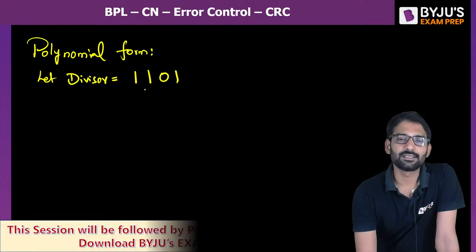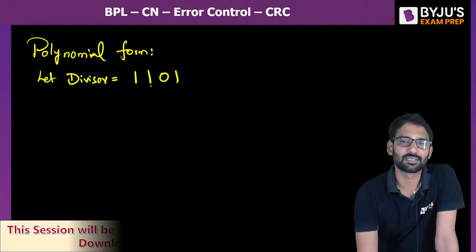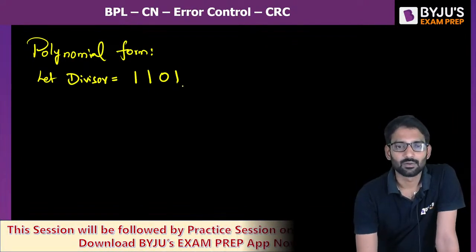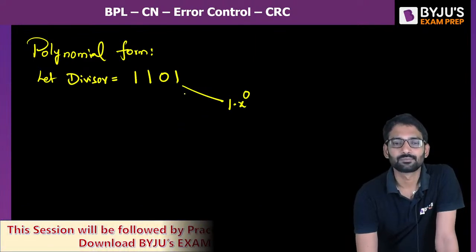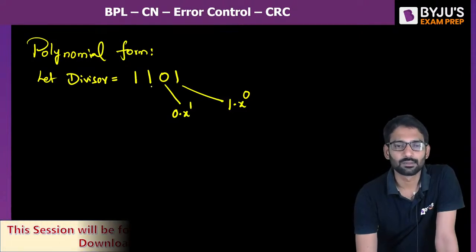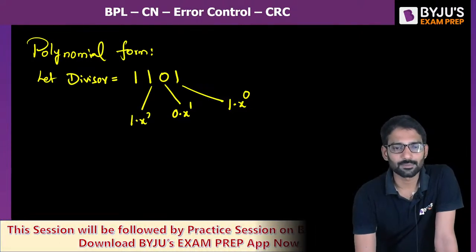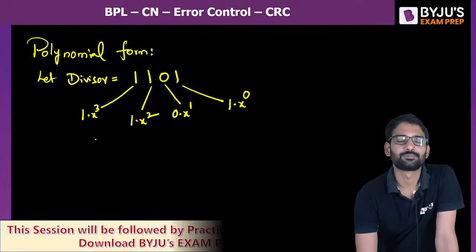But it is never represented as 1101. How is it represented? See, 1 into x power 0, 0 into x power 1, 1 into x power 2, 1 into x cube.